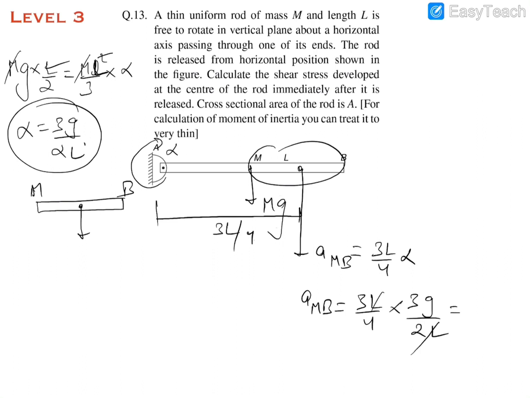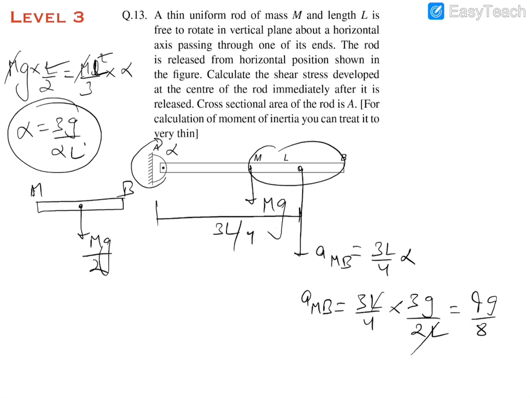So this is equal to 9g by 8. And let us draw the free body diagram of this part. So the weight would be mg by 2 on this part. In fact, m is the mass given, but I have assumed this point as m also. And some shear force would be acting on this part.